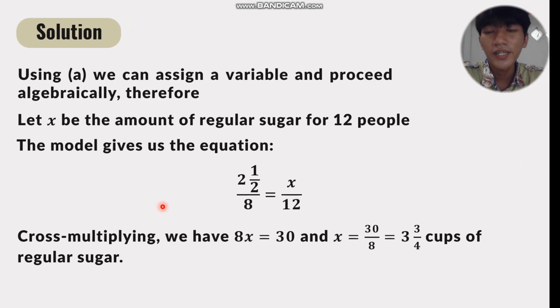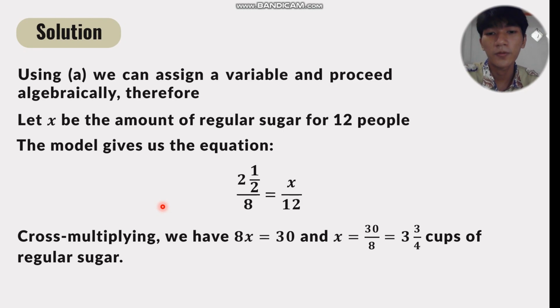Next, the solution. Using A, we can assign a variable and proceed algebraically. Therefore, let x be the amount of regular sugar for 12 people. The model gives us the equation 2.5 divided by 8 equals x divided by 12.